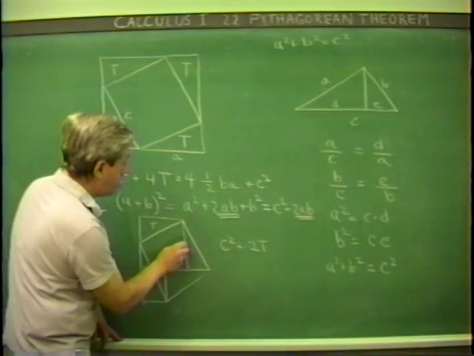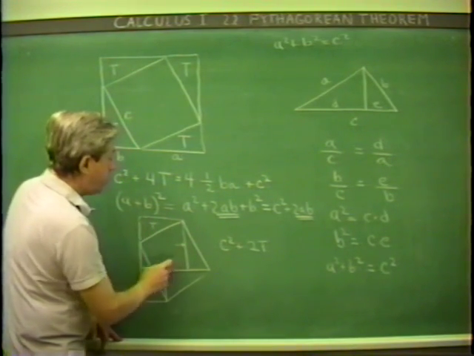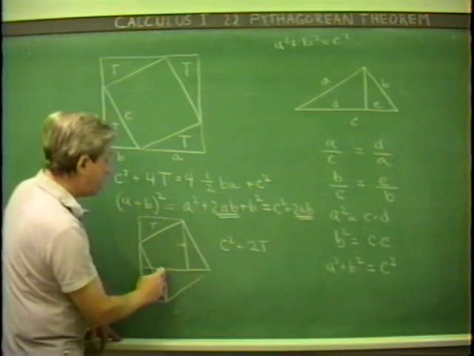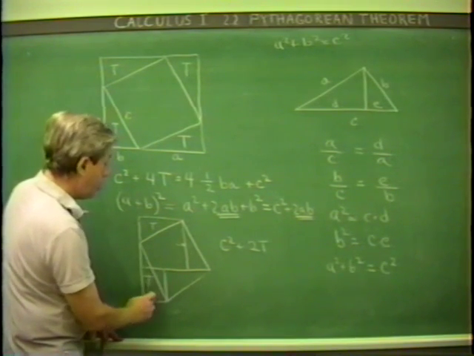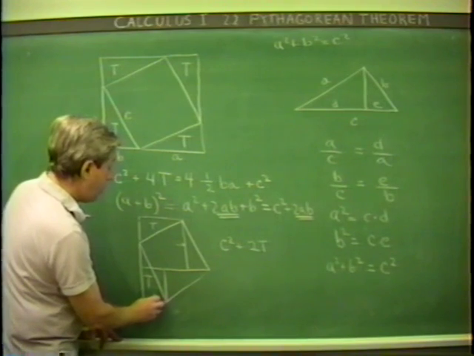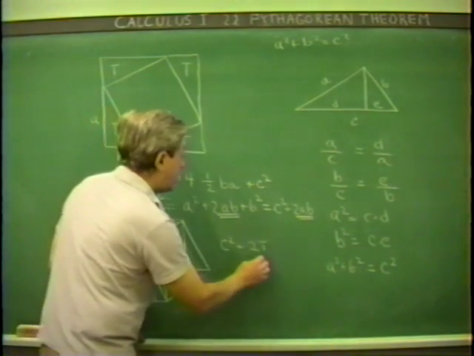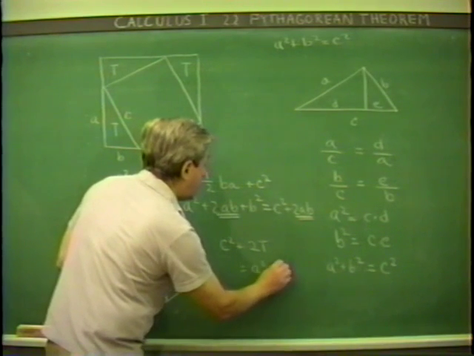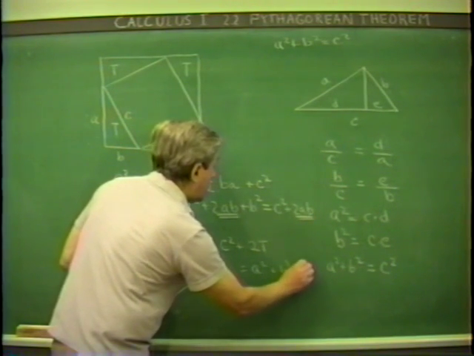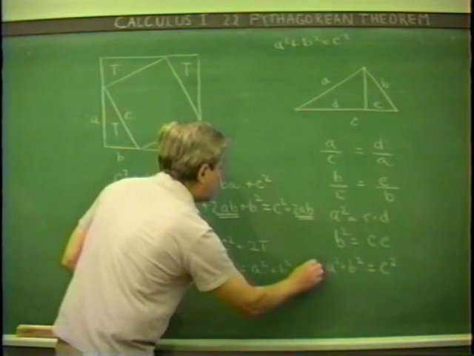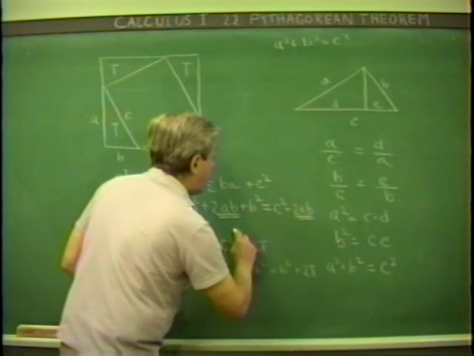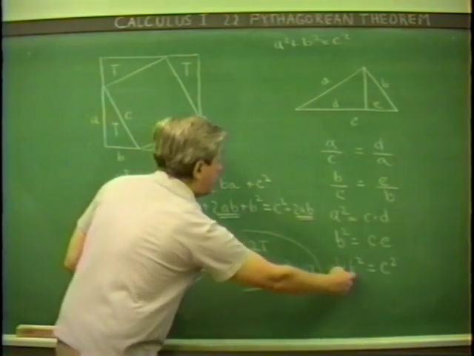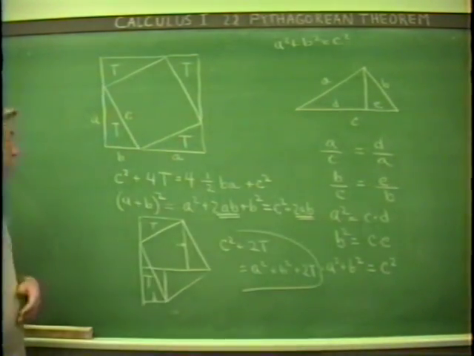This is the square right here with this for its side length, plus a second square with the other side for its side length plus 2 triangles. So this is equal to A squared plus B squared plus another two triangles, which shows in a third way that a squared plus b squared must equal c squared.